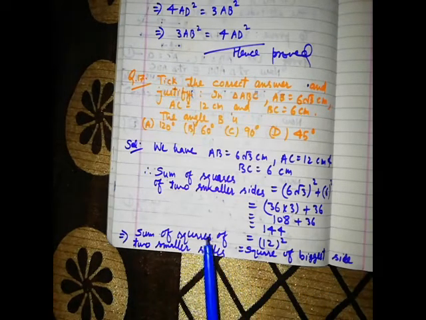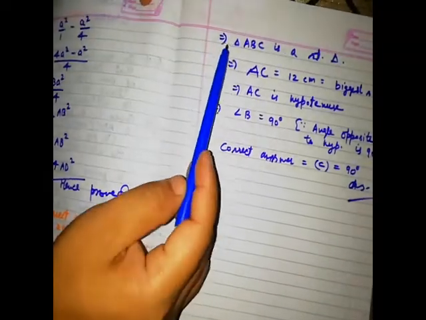It means this triangle ABC is a right triangle, because if we get sum of squares of two smaller sides equal to square of biggest side, it means the triangle is a right triangle.